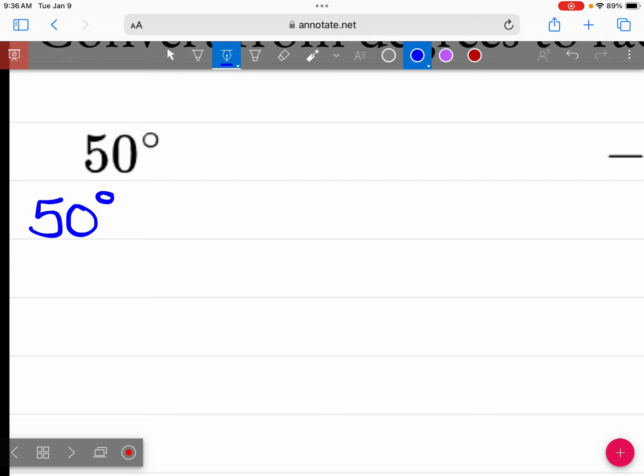I know that pi radians equals 180 degrees, so we can do this as a rate: pi over 180 degrees. That makes the degrees cancel out and we'll be left with radians. Oh, those purple and blue are way too close.